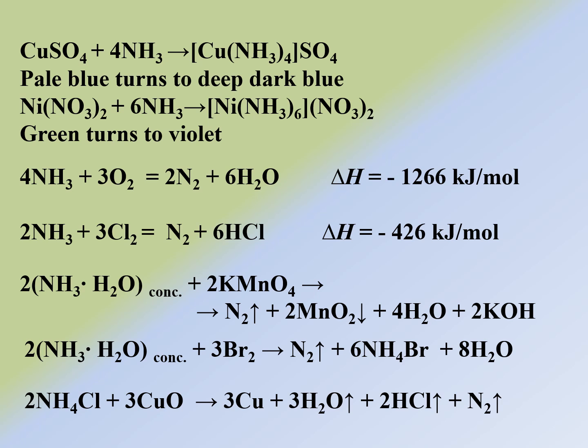There will be ammonium bromide and N2. And also, ammonium chloride can react with copper oxide. Copper would be reduced, and one of the products would be N2 and HCl as well as water.